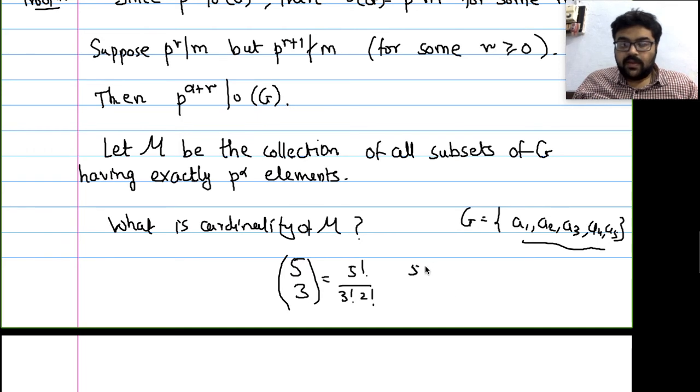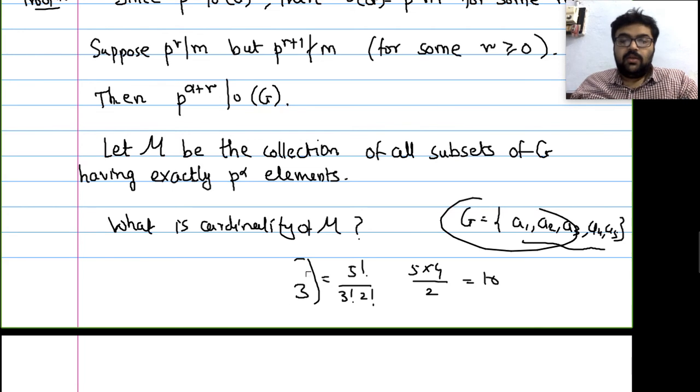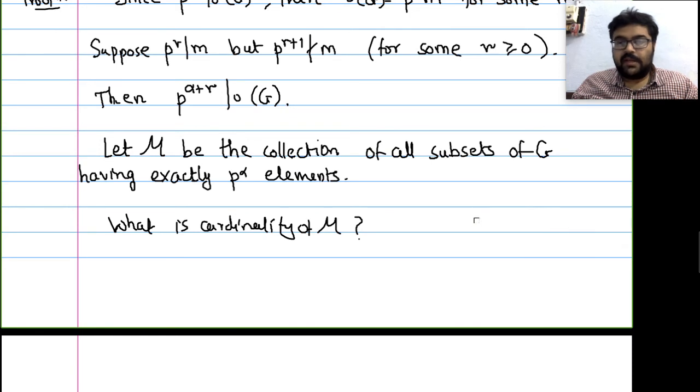So this is 5 into 4, 3 factorial gets cancelled, upon 2, so this is 10. So there are 10 such subsets having 3 elements. If I have a set of 5 elements, see, nCr, that is why we have stated that lemma, because this is where we are going to use the fact. So what is the cardinality of script M?